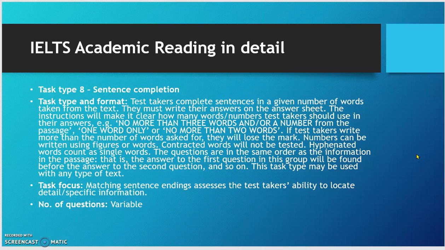That is, the answer to the first question in this group will be found before the answer to the second question, and so on. This task type may be used with any type of text. Task focus. Sentence completion assesses the test taker's ability to locate detail and specific information. Number of questions: variable.